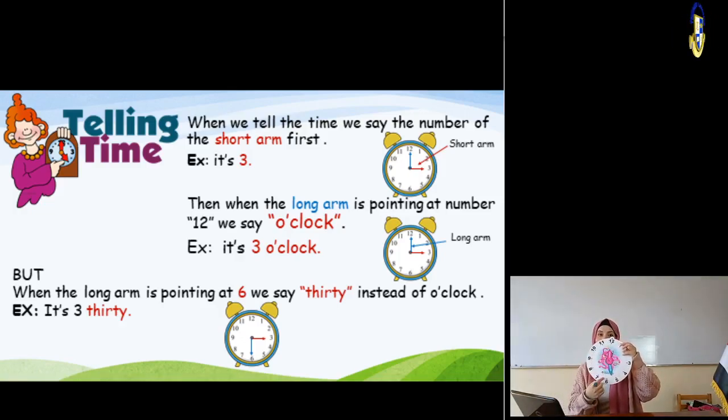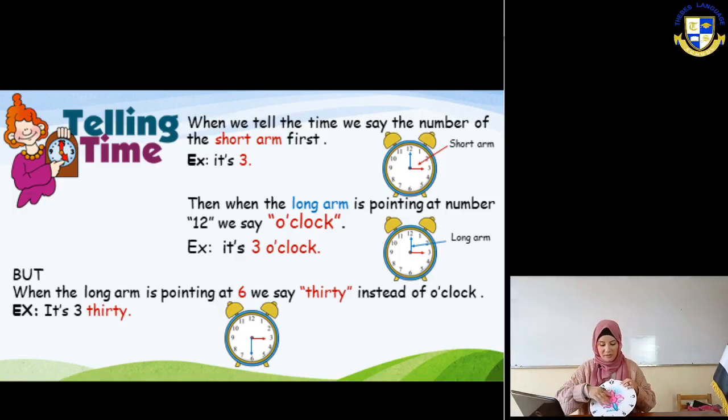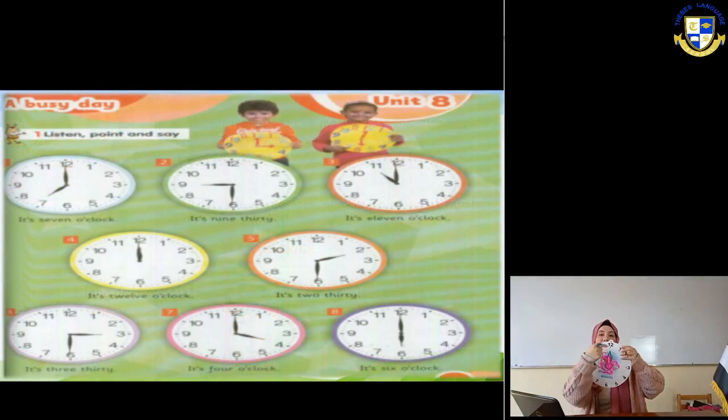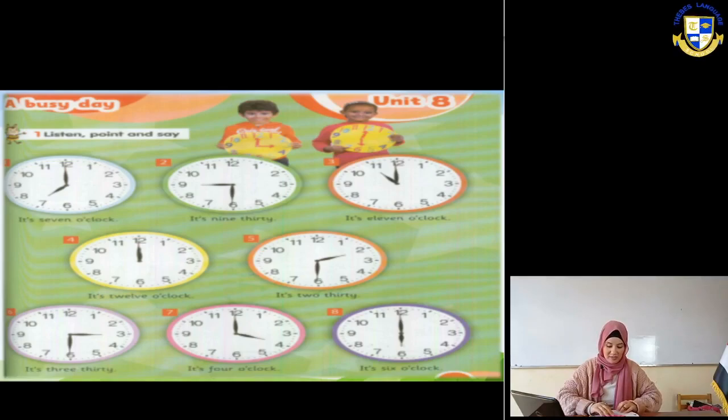It's 12:30. What about this? Both of them at 12. It will be 12 o'clock. It's 12 short arm and o'clock long arm. Let's make both of them on 6.